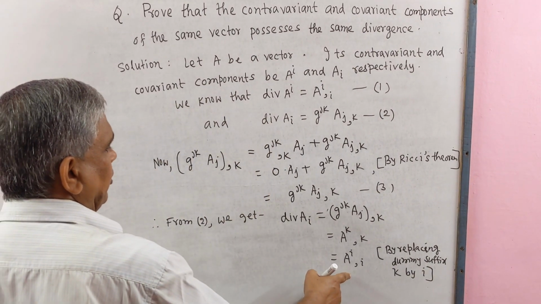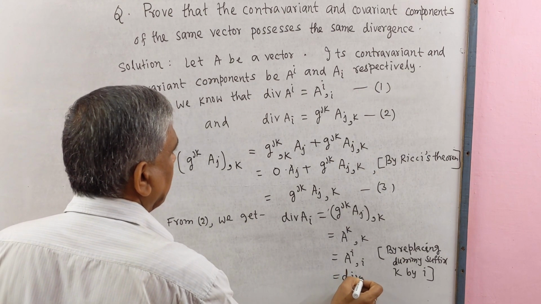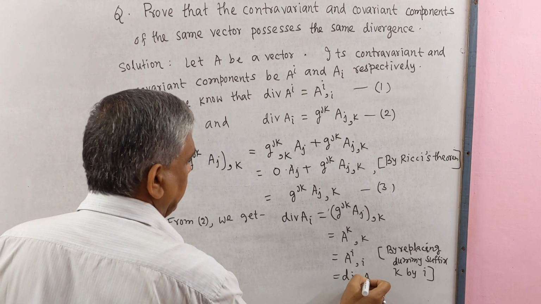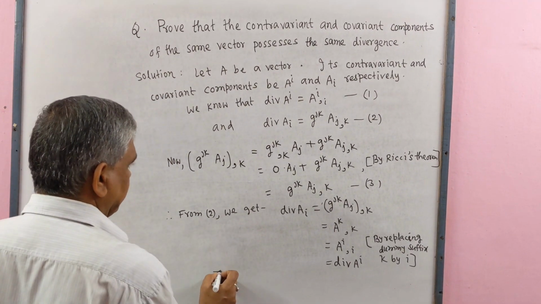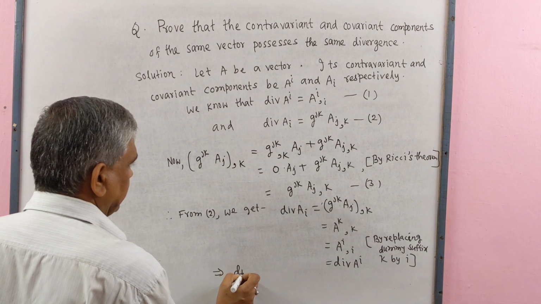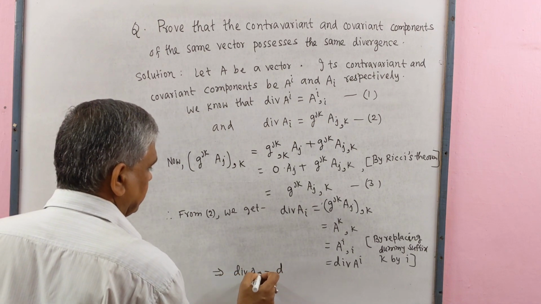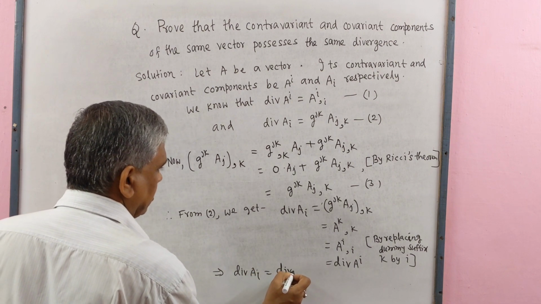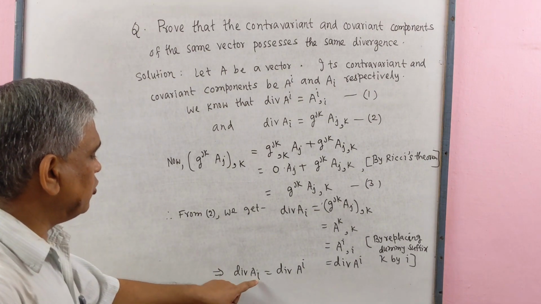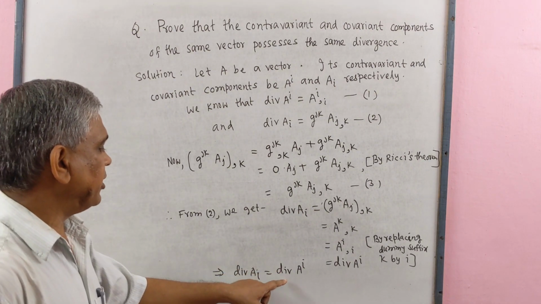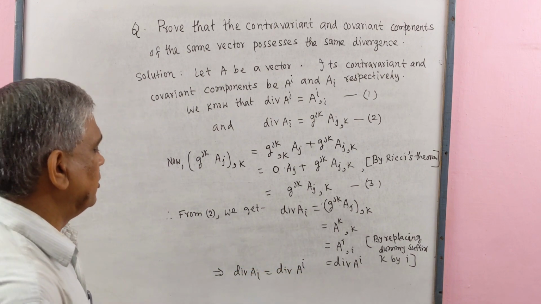And from 1 this is equal to the divergence of the contravariant vector. This implies that div A_i equals div A^i, so the divergence of a covariant vector equals the divergence of a contravariant vector. Proved.